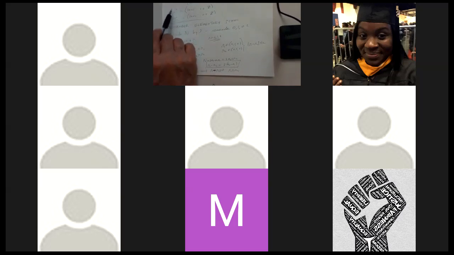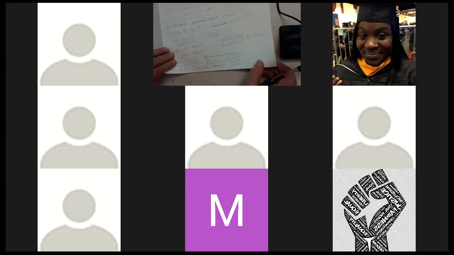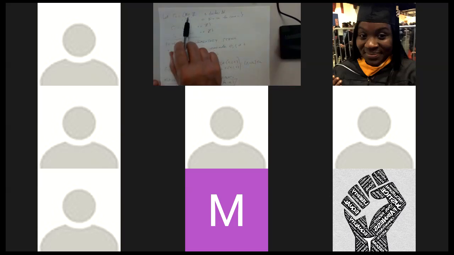And these sets, C0, C1, and C2, this is the set of all numbers that leave a remainder of 0 when you divide by 3. These are the integers that have a remainder of 1 when you divide by 3. These numbers have a remainder of 2 when you divide by 3. So that's the story.